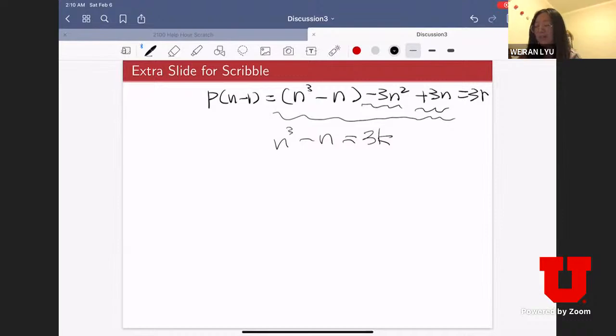Any question on this part, where we're trying to show that Pn is true based on P(n minus 1)?